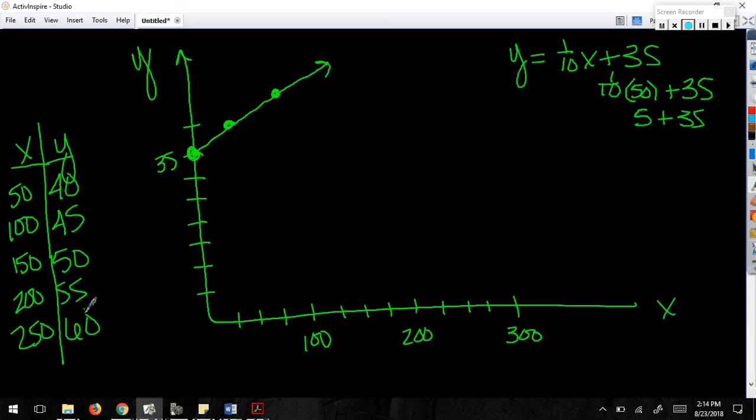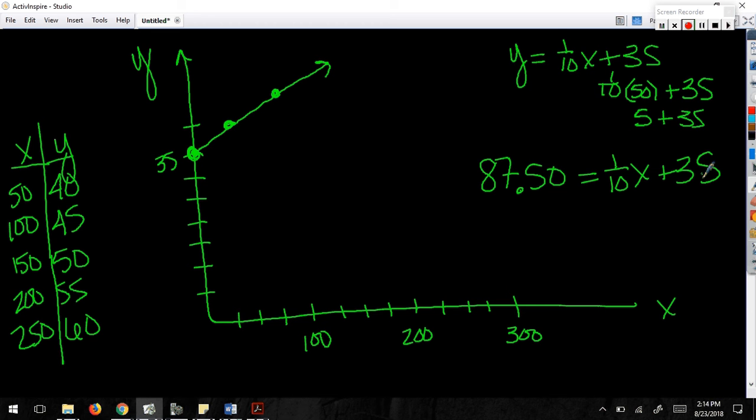Okay. Now, part C is a little bit harder because part C says if Parker's phone bill for October was $87.50, find the number of minutes that he talked. So remember, y is the bill, so I need to do 87.50 equals 1/10x plus 35. How can I find out what that x is?